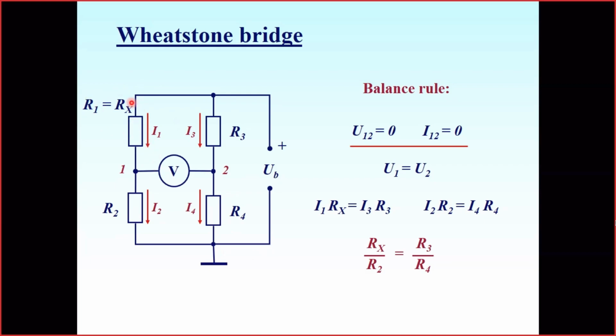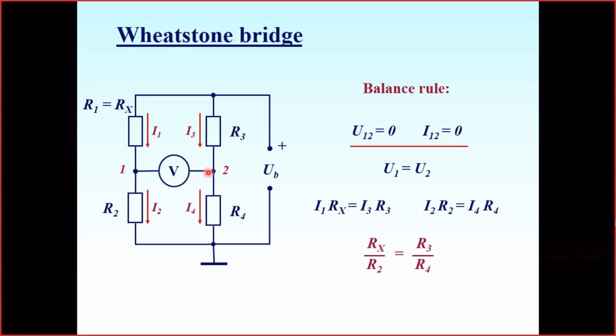The resistors R1 and R2 form the first voltage divider, and R3 and R4 form the second voltage divider. We already know very well what to do with a voltage divider. But the outputs of these voltage dividers are connected with some measurement device. Here I put a voltmeter between them. It could be an ammeter here too, but here it is a voltmeter.